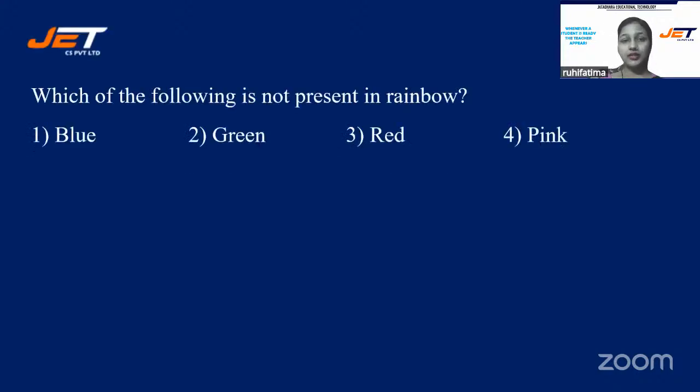Okay, so let's start the session with our first question that says, which of the following is not present in rainbow? And your options are blue, green, red, and pink. The question is very easy. Quickly write down in the chat box.